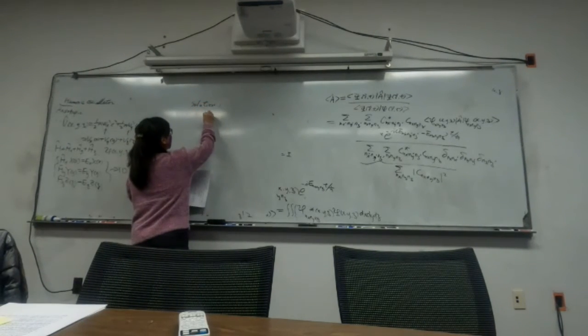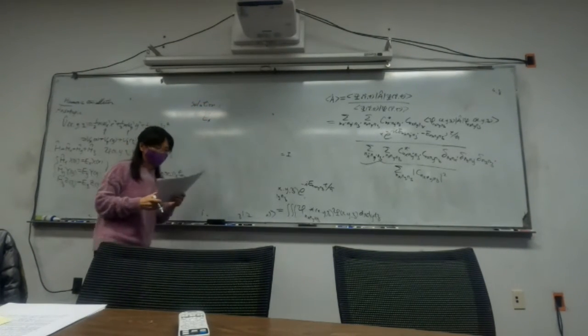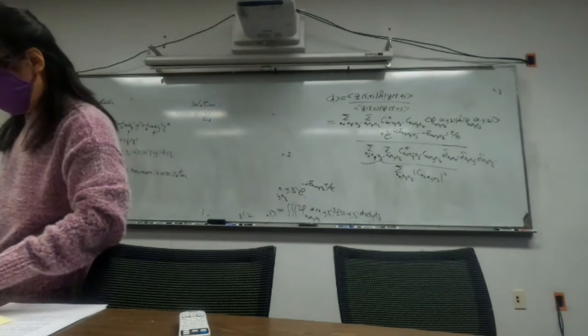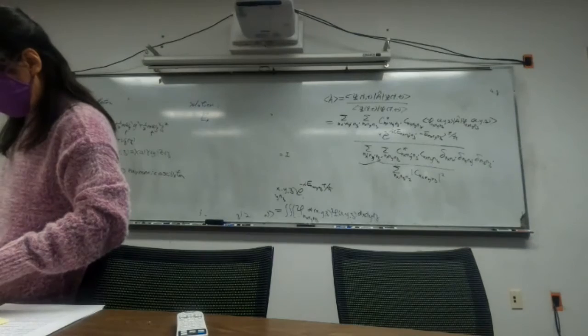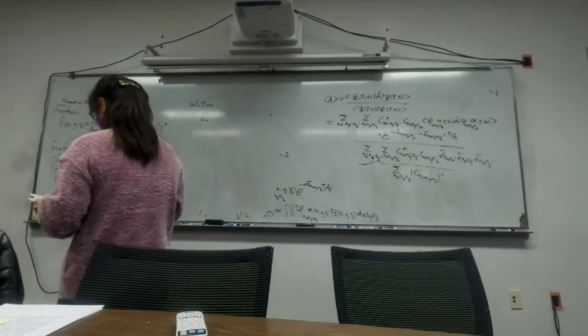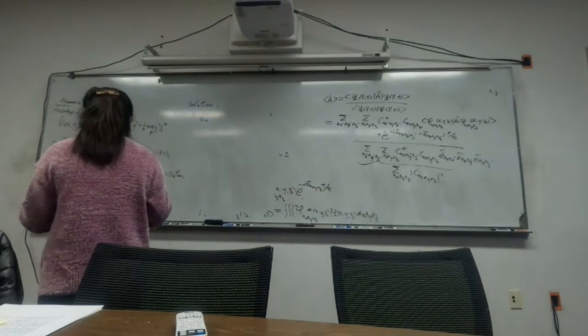So the solution, the energy: again we have three quantum numbers. Since we know the harmonic oscillator energy depends on the quantum number, it is also quantized. Let me just give you the energy.